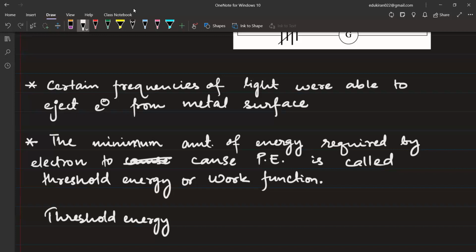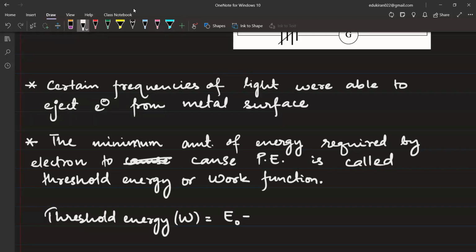It is denoted by W, which will be equal to E naught. What is E naught? Threshold energy. What is W? Same thing. Threshold energy, work function, all of these are the same thing. There's no difference. E naught, W, work function, threshold energy, all of these are the same.